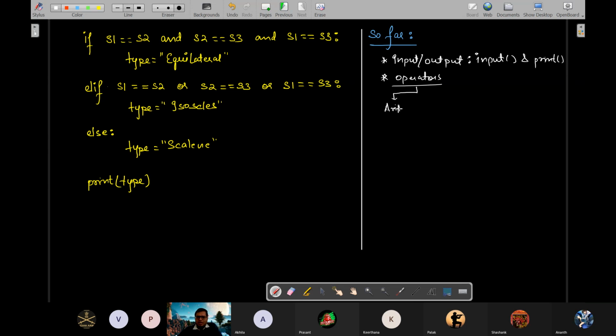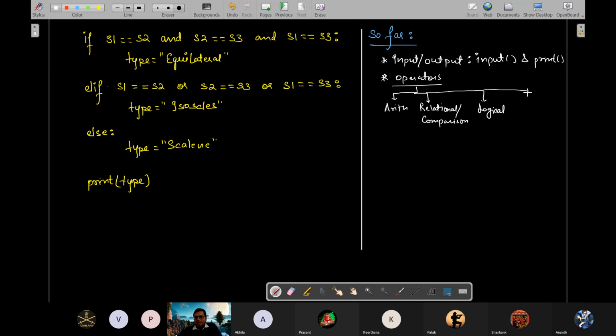Arithmetic, okay, relational, relational is greater than, less than, equal to, वो सब, relational जिसको comparison operator भी बोलते हैं. We have also seen logical operators.